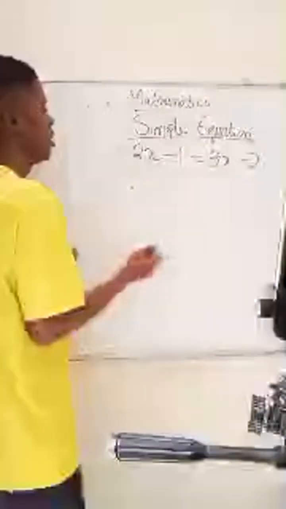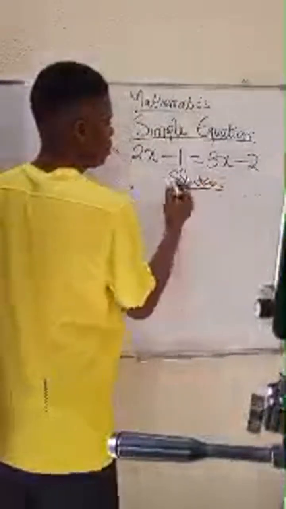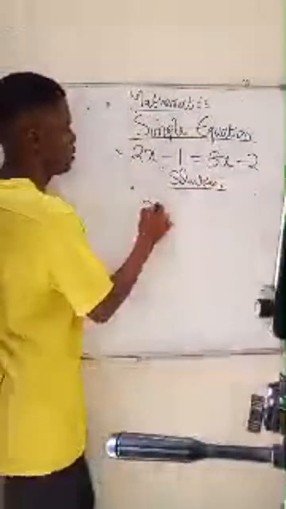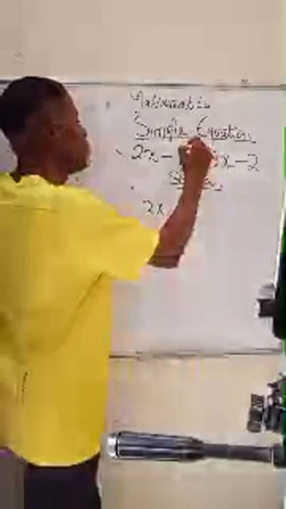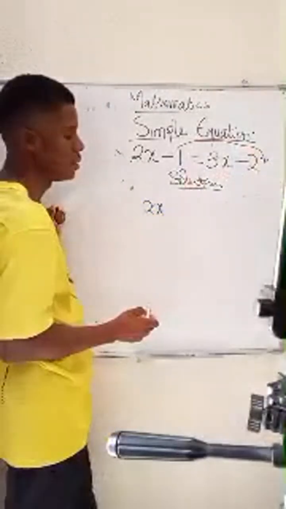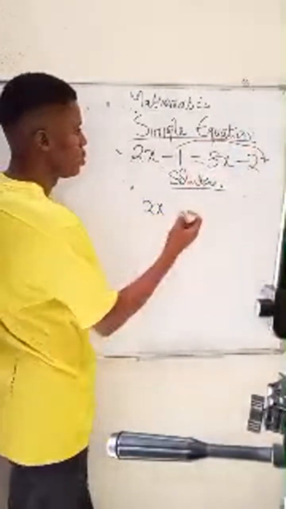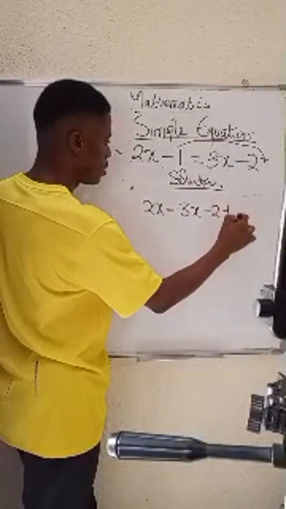For you to solve this is very, very easy. So you have 2x, and like crossing the equality sign, here we are going to add 1. So we say 2x is equal to 3x minus 2 plus 1.